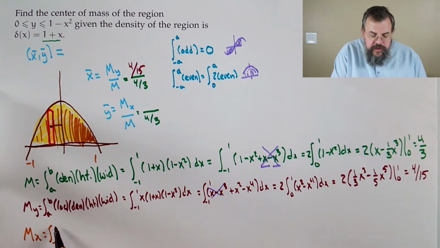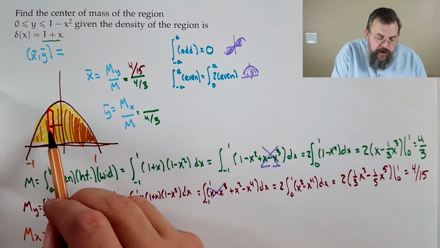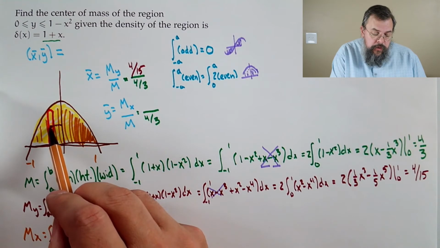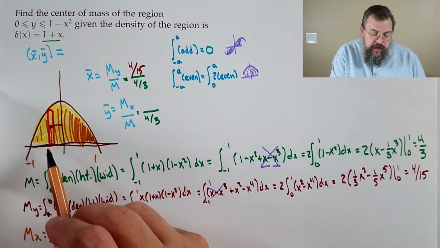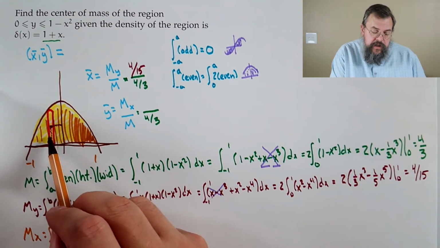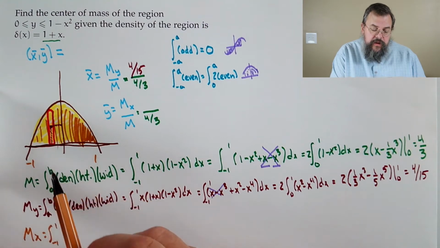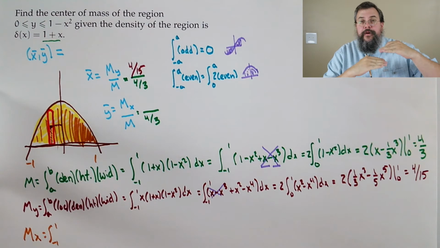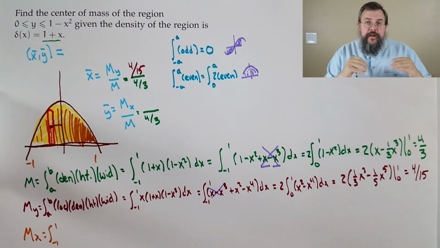The only thing that changes is how far are we from the x-axis? Well, it's going down to the x-axis. So our distance to the x-axis is going to be sort of at the halfway up mark. And in general, it's the average between the top curve and the bottom curve.